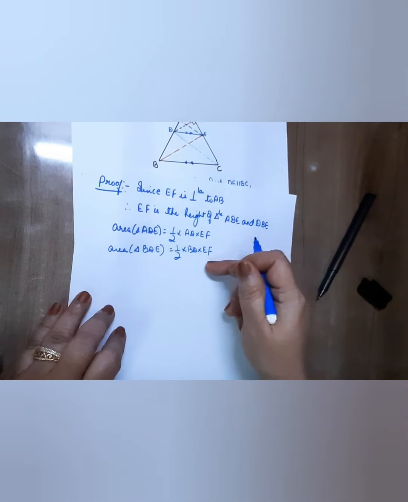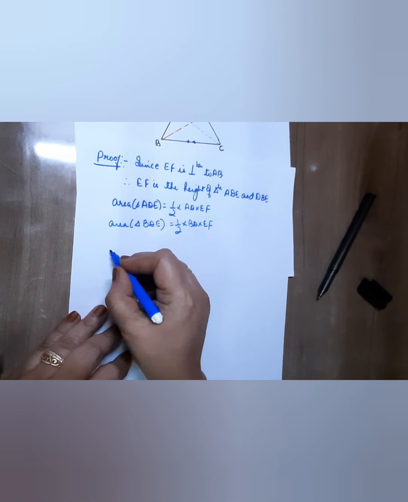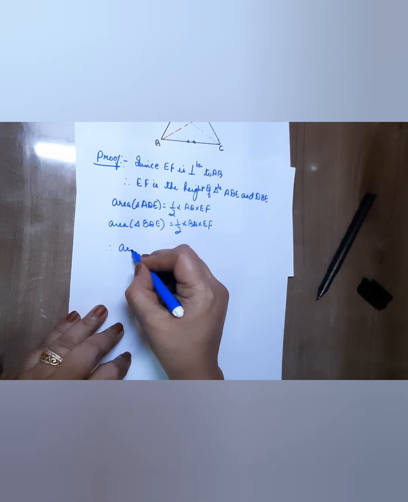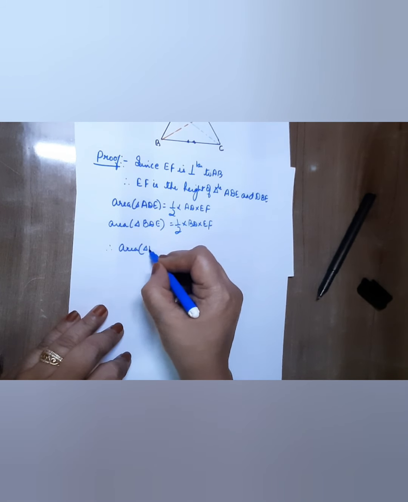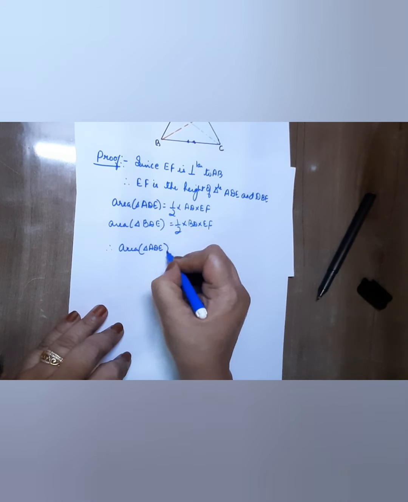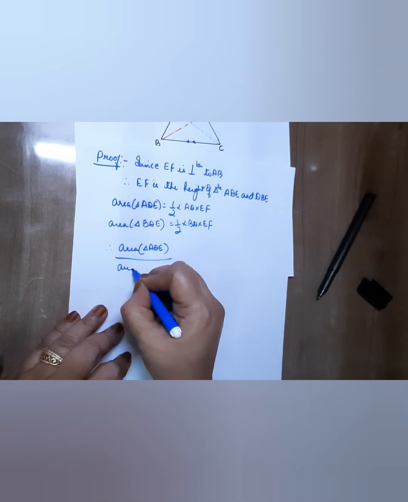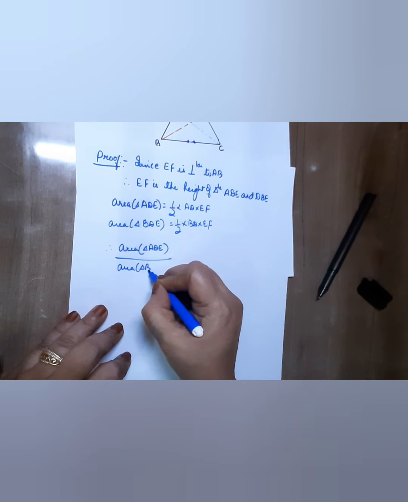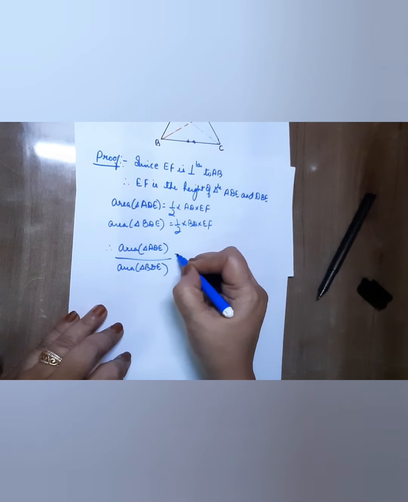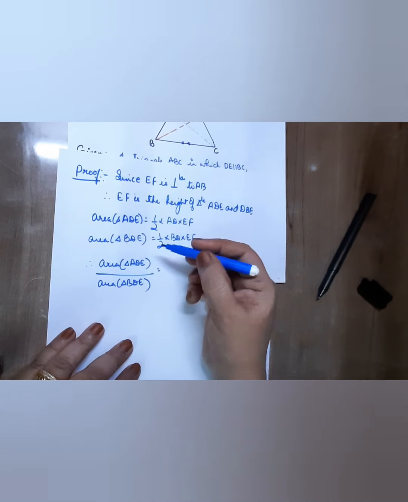We will divide these two, so we get area of triangle ADE divided by area of triangle BDE. What happens if we divide?